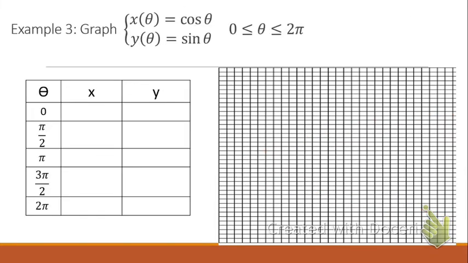All right, let's go ahead and make a little T-chart. So now we are graphing from 0 to 360, and I just counted by 90s. So I'll help you fill this out. Go ahead and make your T-chart. And if you want to, I know we don't really like radians, you can also put it in degrees for theta.